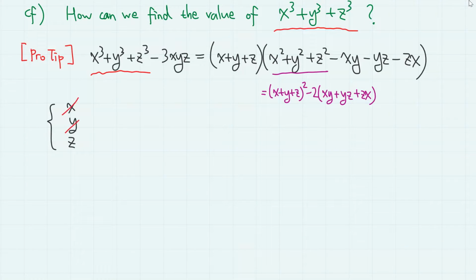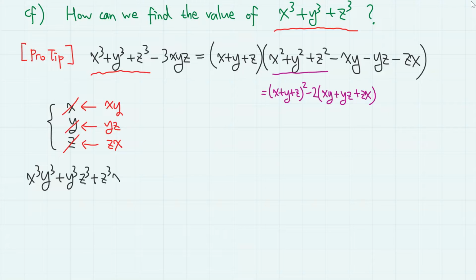Now, what if we replace x, y, and z with xy, yz, and zx respectively? Then we obtain x cubed y cubed plus y cubed z cubed plus z cubed x cubed minus 3xyz becomes xy times yz times zx, so x squared y squared z squared.